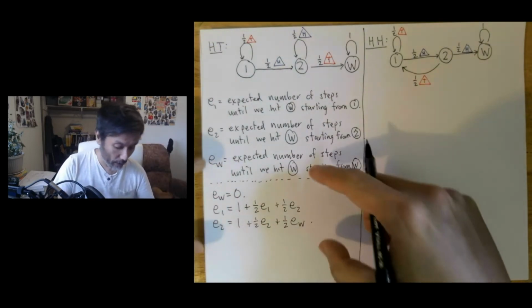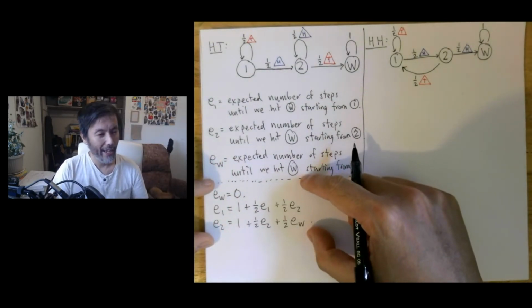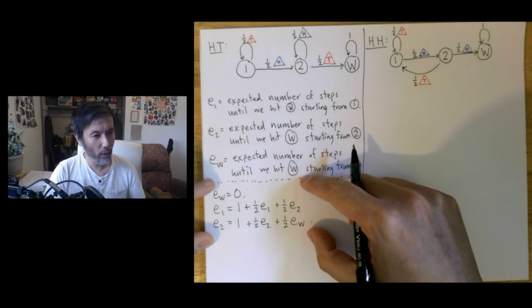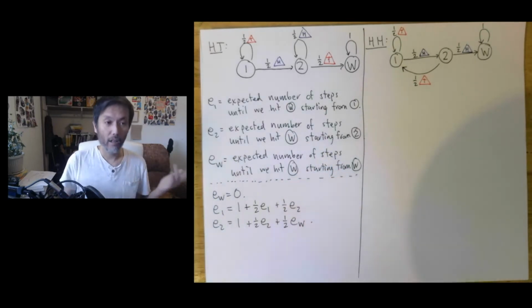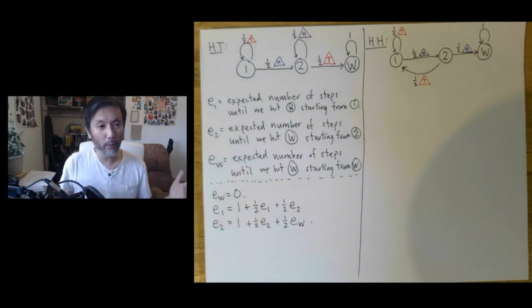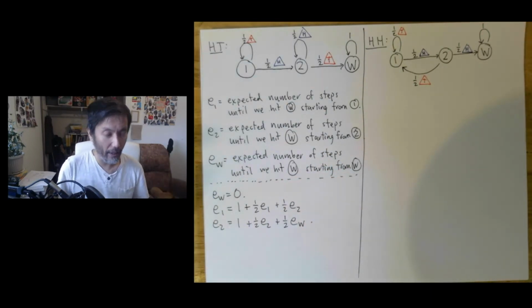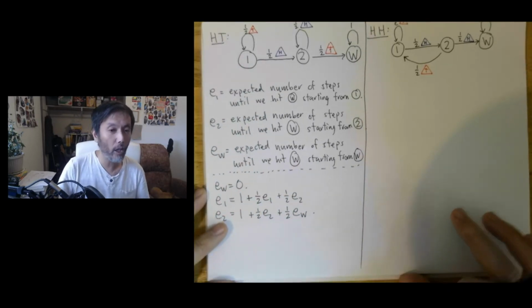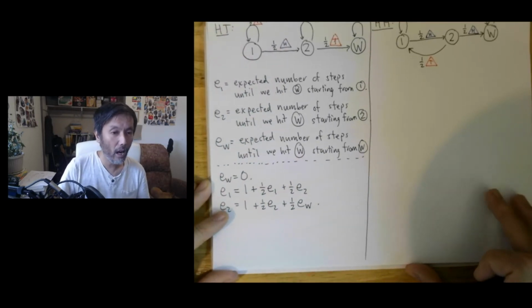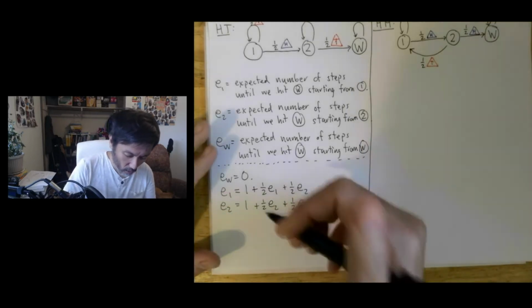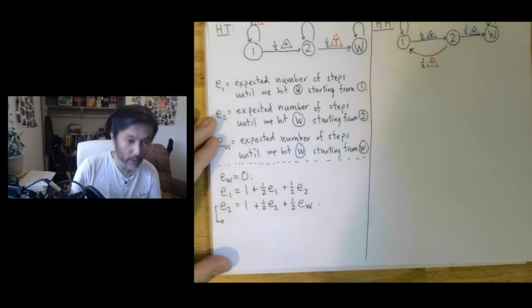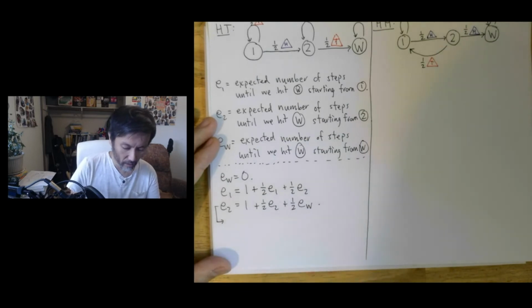Great. So now what we have, I want you to observe, is a system of 3 equations in 3 variables: EW, E1, and E2. And you probably have learned at some point in your life how to solve these things. So let's just go ahead and do that. It's remarkably simple here. So for example, we can take this equation here, E2 equaling this garbage here.